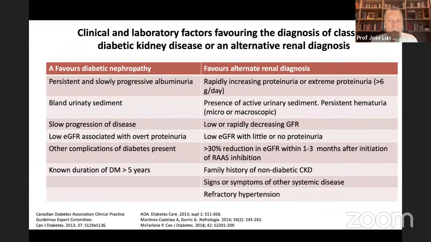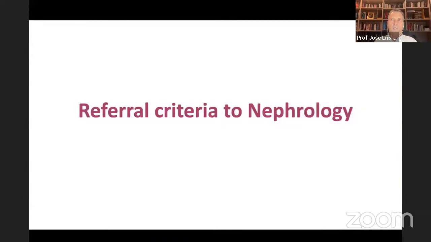Also a rapid decrease in GFR, low GFR with little or no proteinuria, other causes, a 50% reduction of GFR after ACE inhibitors, and a family history of non-diabetic kidney disease. So these data suggest a non-diabetic kidney disease, and you should refer to a nephrologist for further studies.